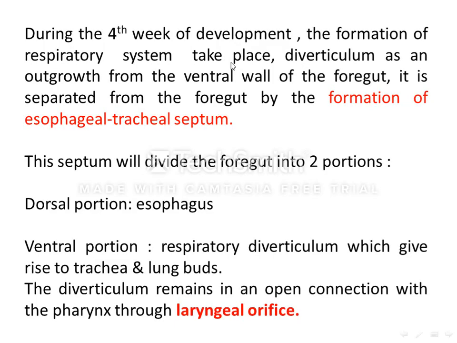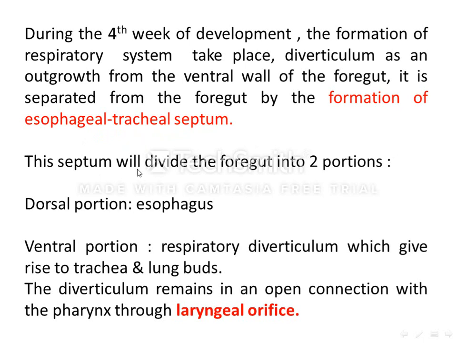So during the 4th week of development, the formation of the respiratory system takes place, and the respiratory diverticulum arises as an outgrowth from the ventral wall of the foregut. Then it is separated from the foregut by formation of a septum called the esophagotracheal septum.